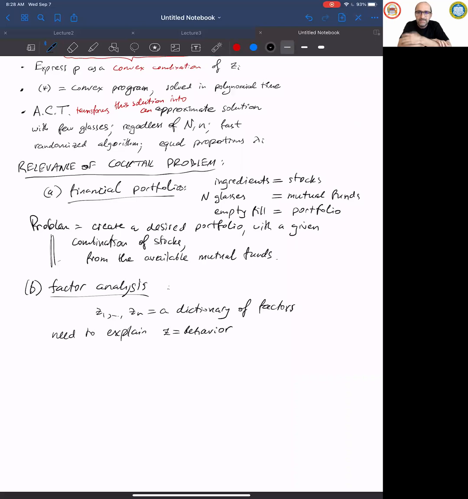The underlying idea of economics and data science is that the behavior of people, animals, and so on can be explained with very few factors.